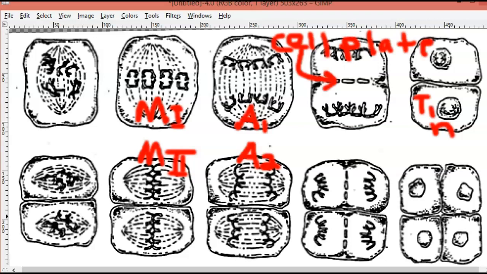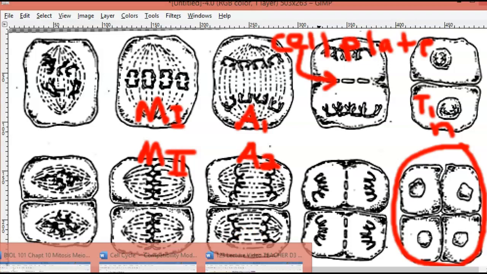Remember the plant cells at first, they're going to be smaller, and they never completely separate. Remember those plasmodesmata, those connections, from lab and our lecture? So look right here. 4 cells.